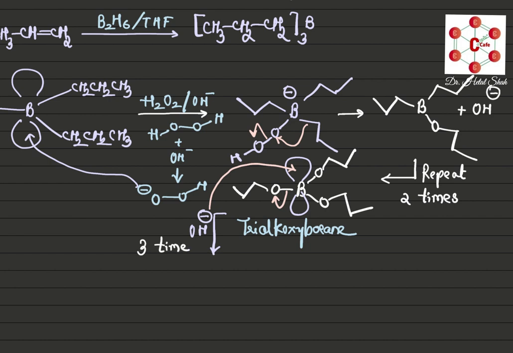And what would happen here? You get alkoxy group. How many? 3 of them. And what else do you get? BOH thrice. The medium is water.